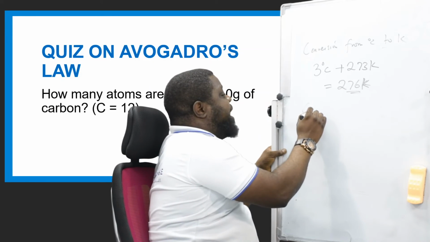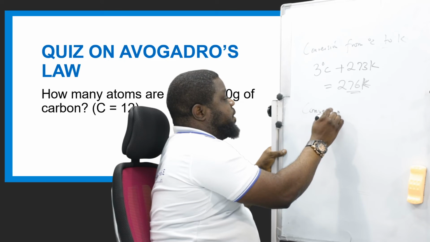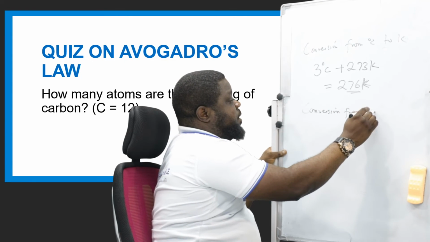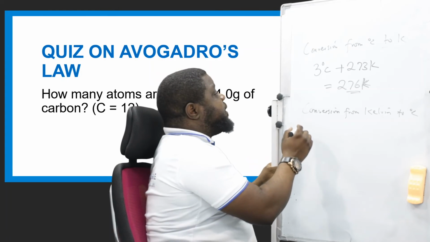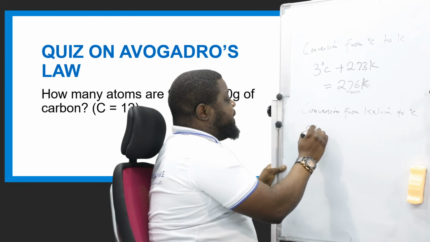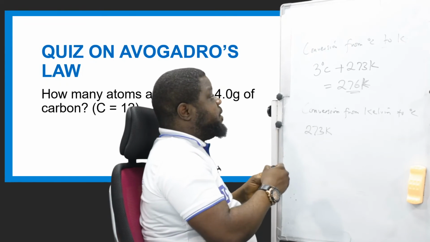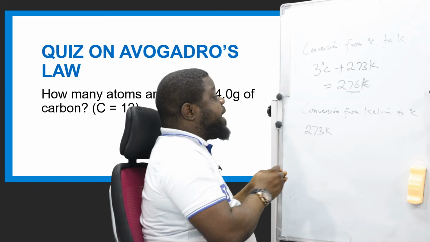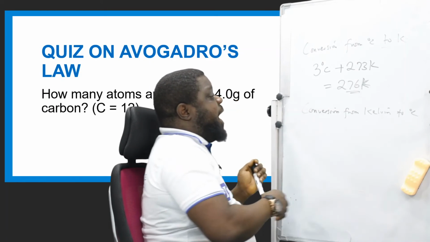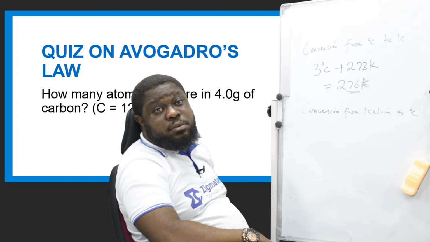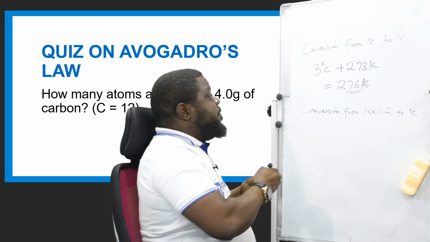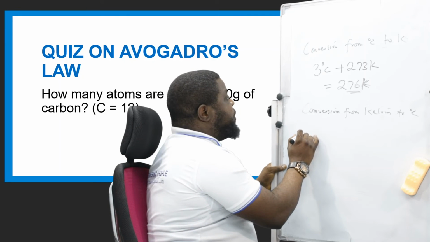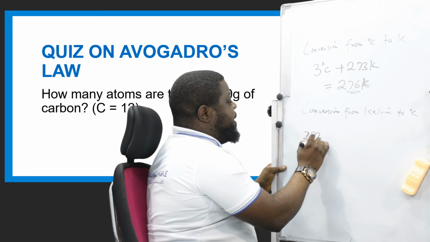Now, conversion from Kelvin to degree centigrade. If I want to make a conversion from Kelvin to centigrade, I'll have to minus. In essence, I will minus 273 from the Kelvin value.